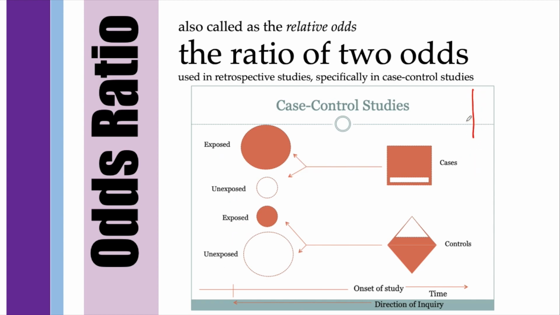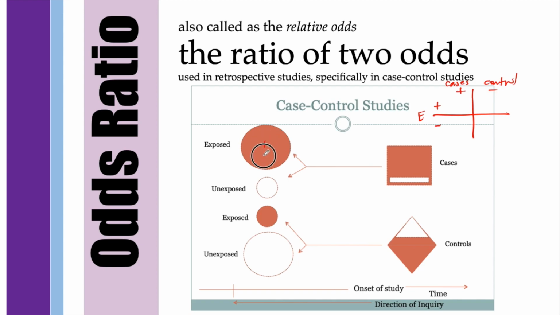Meaning you may still create a 2x2 table wherein it indicates positive or negative of the disease, these are the cases, and these are the controls, and how many of them were exposed and how many of them were not.